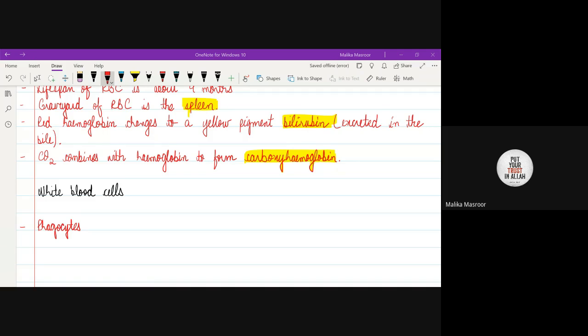Phagocytes perform phagocytosis. They engulf the pathogens. Phagocytes carry out phagocytosis, and this is the engulfing of a pathogen.